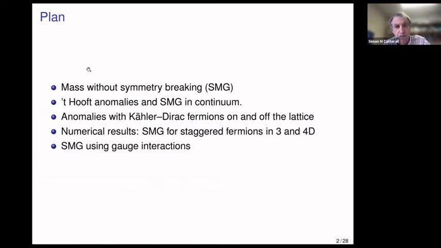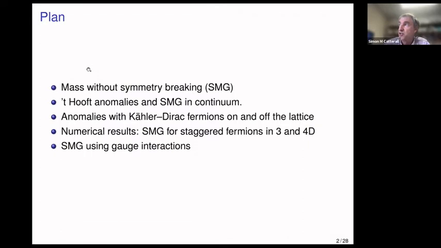And we'll see that some of the constraints on that relate to 't Hooft anomalies. So I'll remind you what 't Hooft anomalies are and how they're linked to symmetric mass generation, or how they basically form boundary conditions on when you can do symmetric mass generation. I'll talk about particular anomalies in the context of Kähler-Dirac fermions.